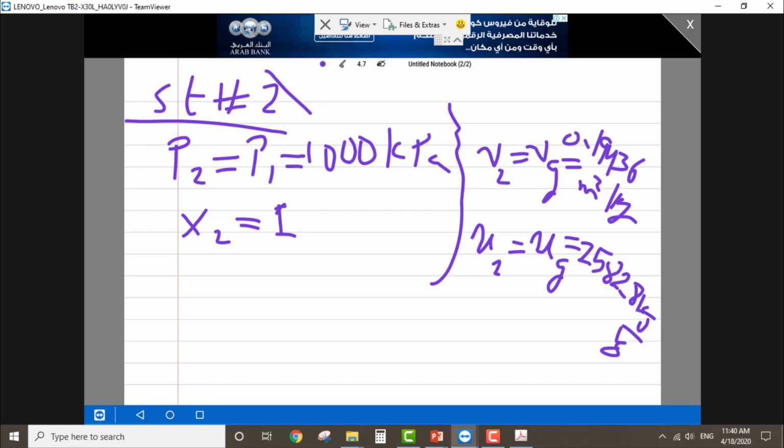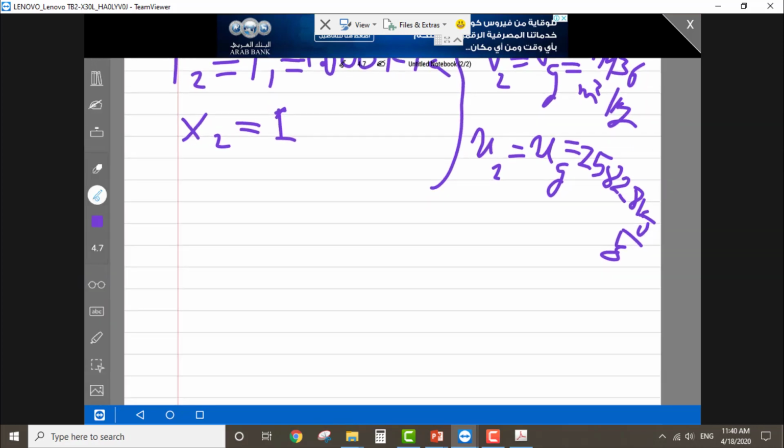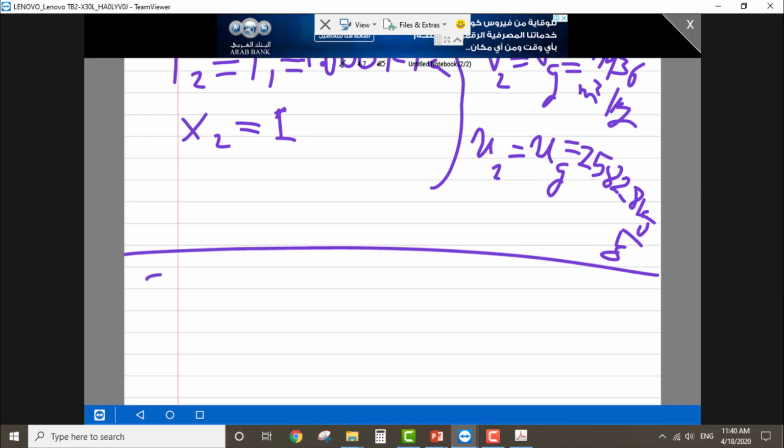so now we need to find the third state. What do we have for the third state? On state number 3, we have the following information.